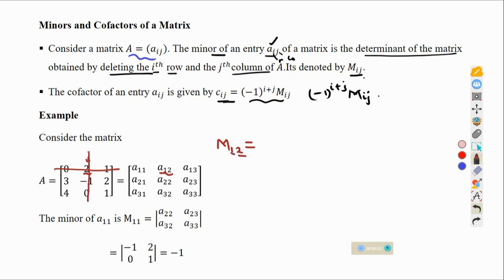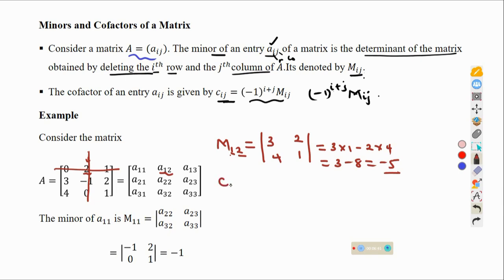You will delete this. Get the determinant of the remaining entries. We remain with 3, 4, 2, and 1. When you look at this, you can easily get the determinant, which is 3 times 1 minus 2 times 4. This will give us 3 minus 8, which is negative 5. So that is the minor 1, 2.